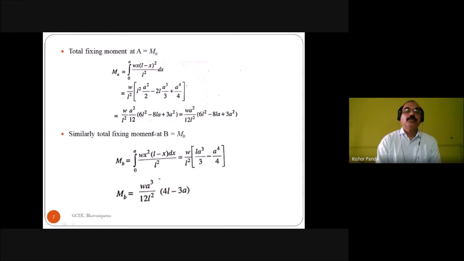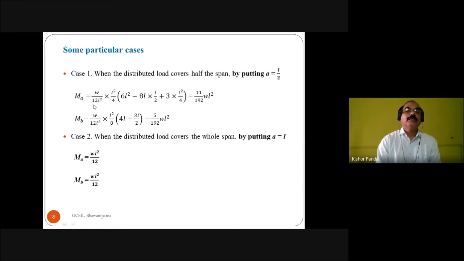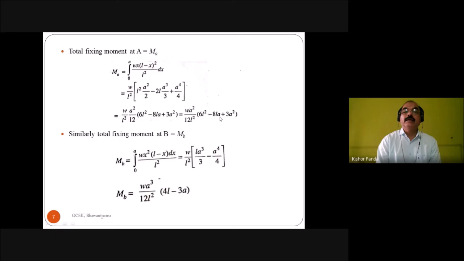Then after knowing this, if the UDL is present on half of the fixed beam, you have to put A is equal to L by 2. By putting A is equal to L by 2, you can find the moments MA and MB. So at A, you have to put L by 2.